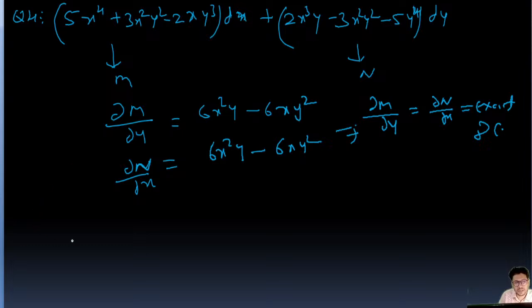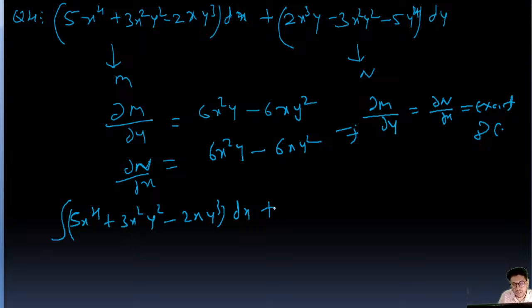Now the solution is very simple. It is the integration of M dx, that is (5x^4 + 3x^2y^2 - 2xy^3) dx, considering y as a constant, plus the integration of only those terms of N which are dependent on y only.